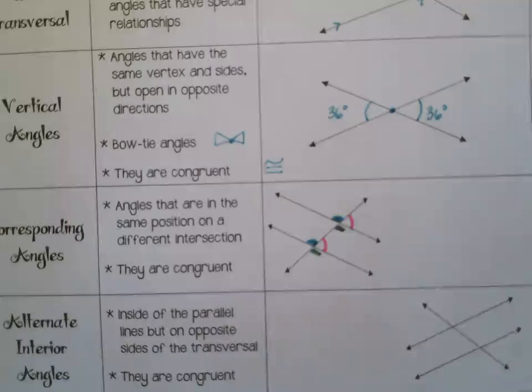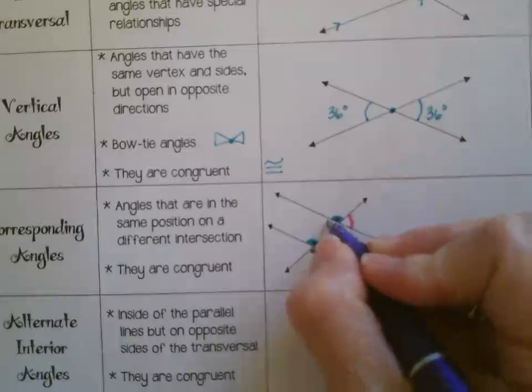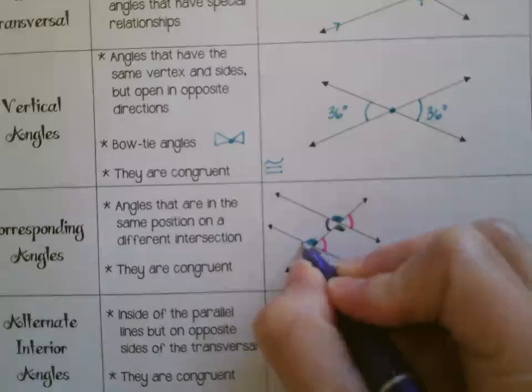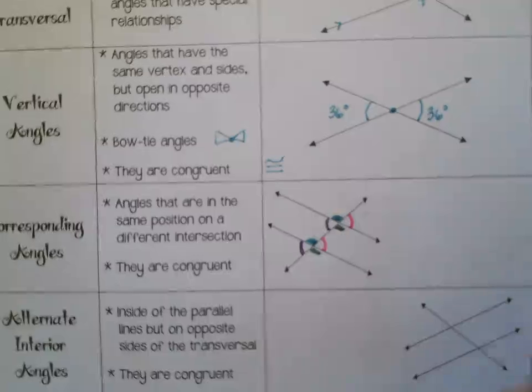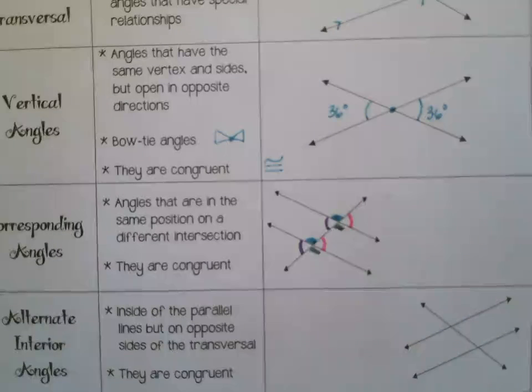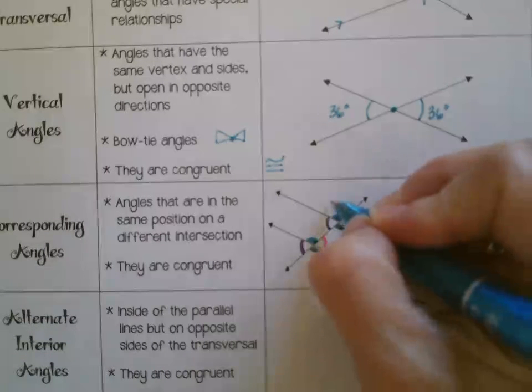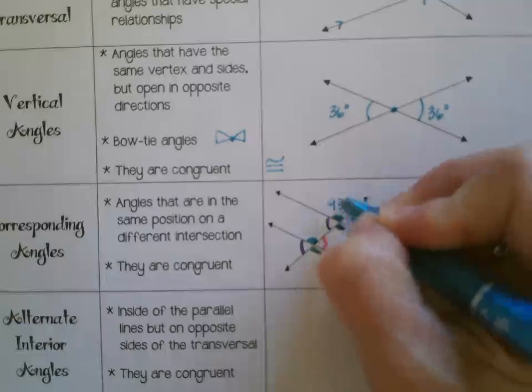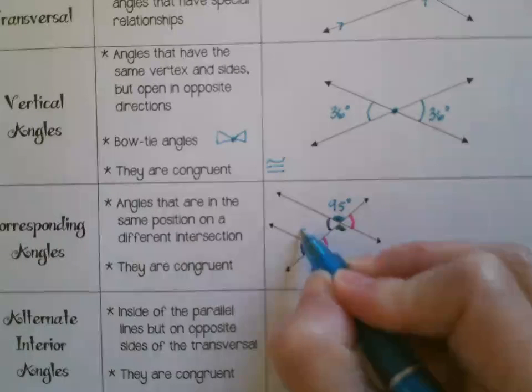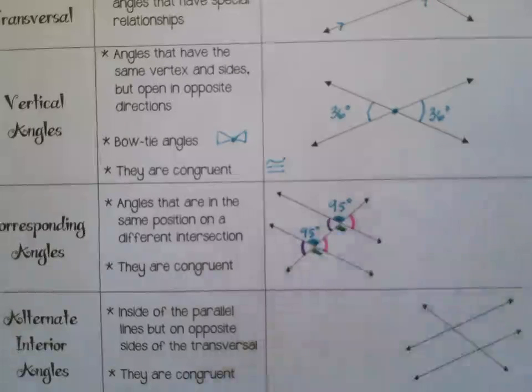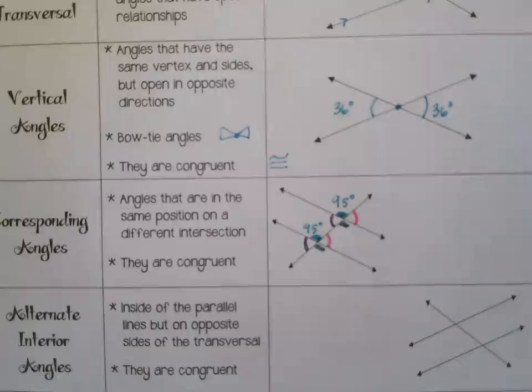And then the last one, this one right here, matches up with that one right there. And again, those are congruent measurements. So let's say that I told you that this one was 95 degrees. I know that this one down here is also 95 degrees. So corresponding, or on a different corner, or same corner, different intersection.